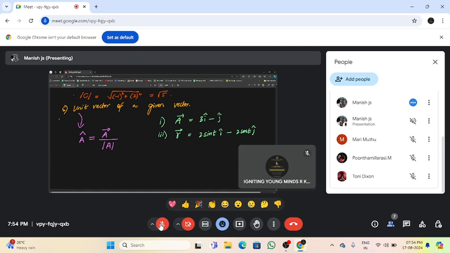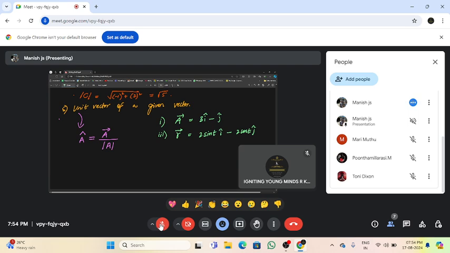Use the formula. Vector A, from the first part, we know is 3i minus j upon modulus of A. And you know the formula: under root of 3 squared plus negative 1 the whole squared. You can simplify the root value first.